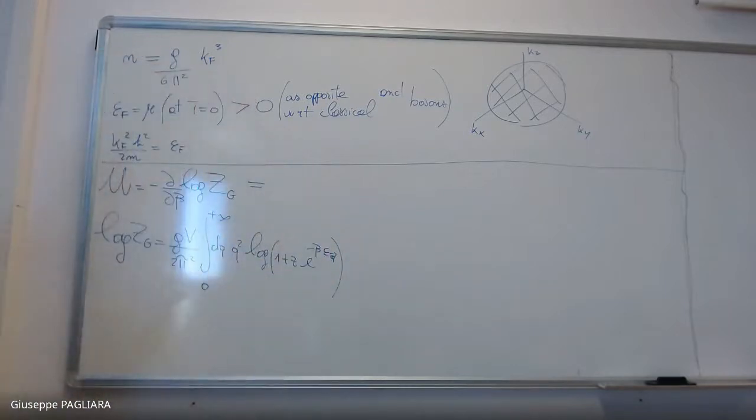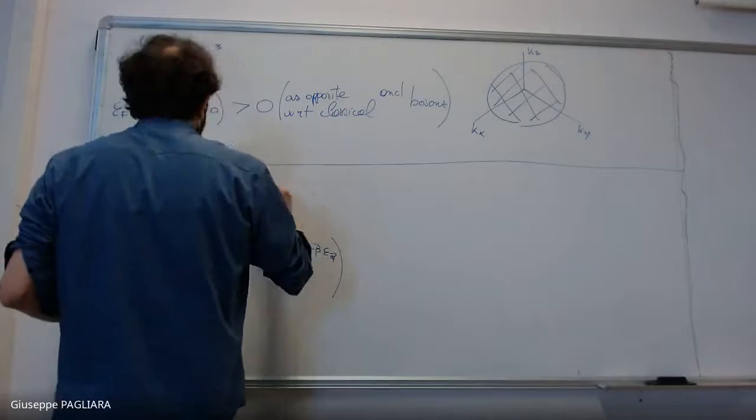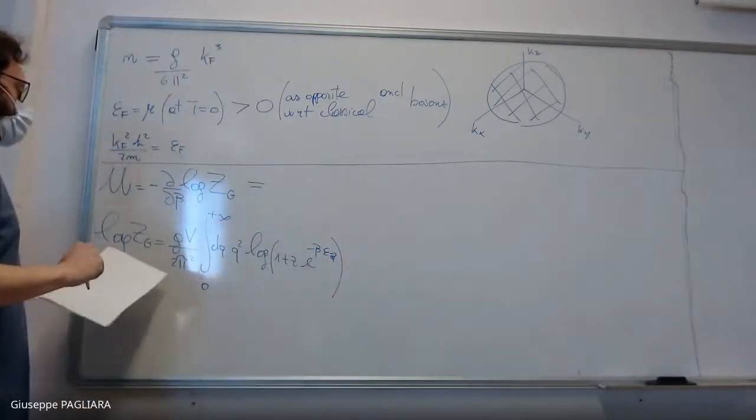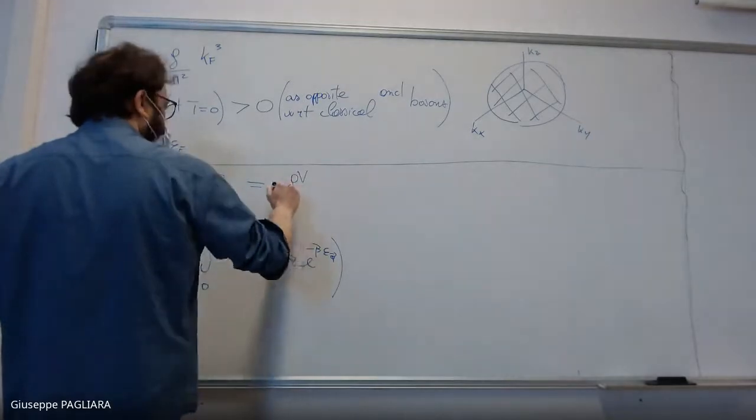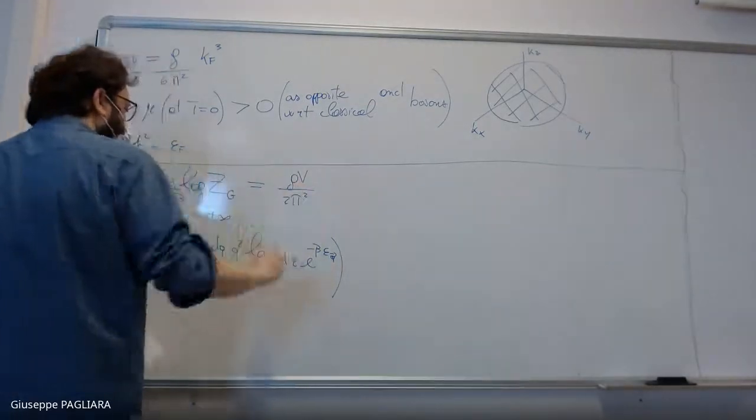Okay, so this is the log of the grand canonical partition function. So now I have to compute the derivative with respect to beta of this quantity, basically. Here I have gV divided by 2 pi squared that I can put outside.